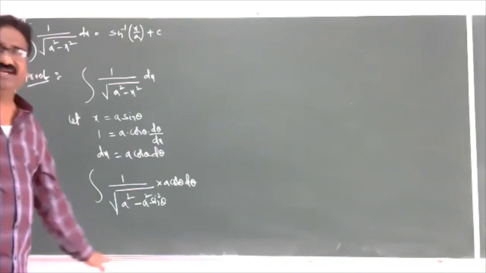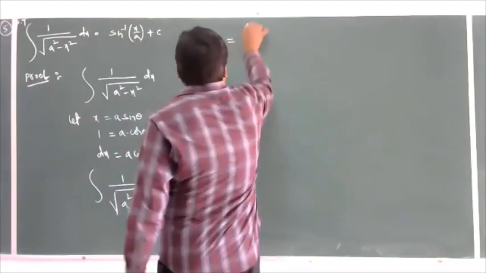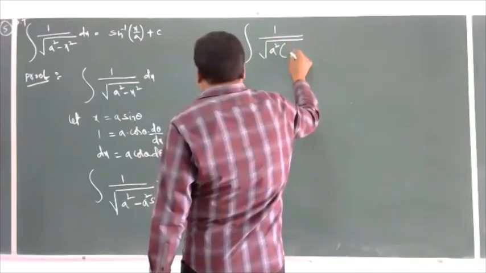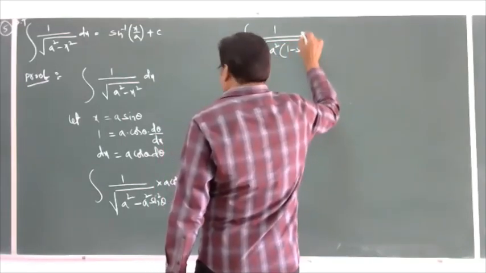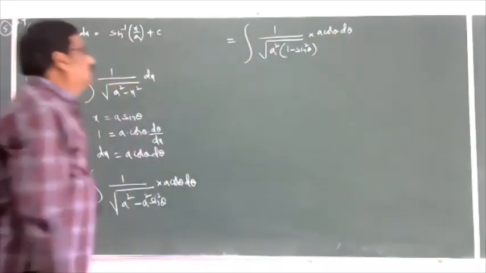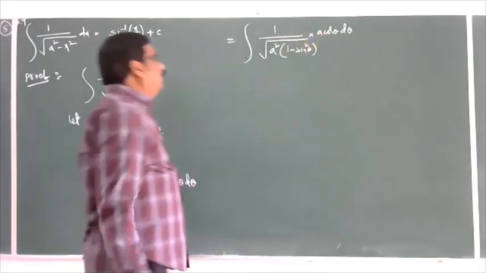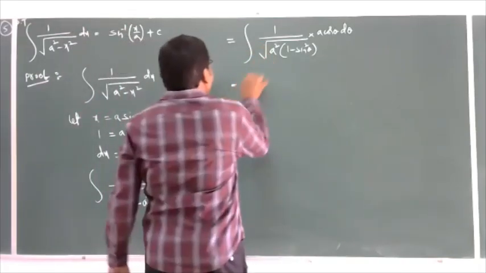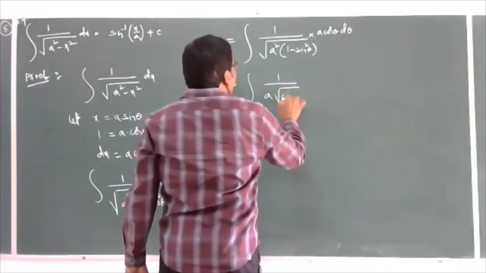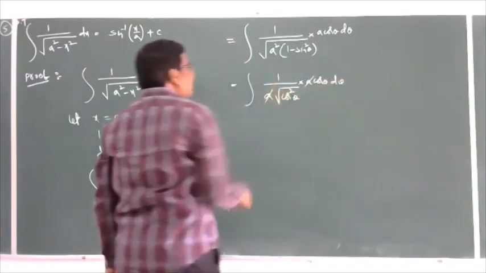In the root, take a square common, so we get integral 1 by root of a square into 1 minus sin square theta, into a cos theta d theta. Root of a square is a, so 1 by a into root of 1 minus sin square theta, that is root cos square theta, into a cos theta d theta. A cancels.